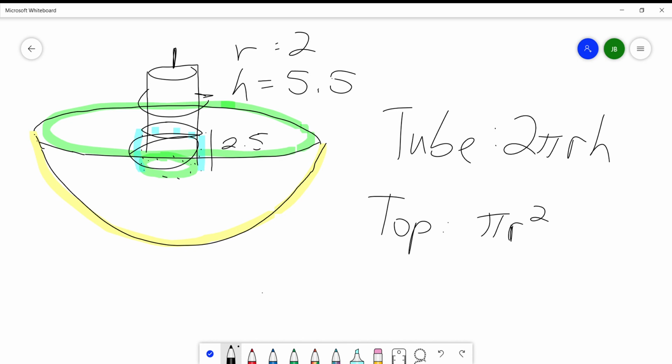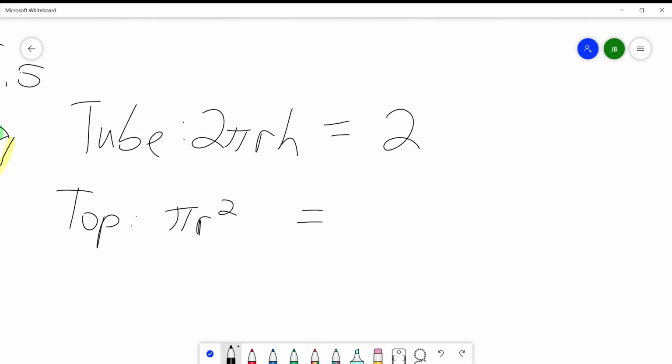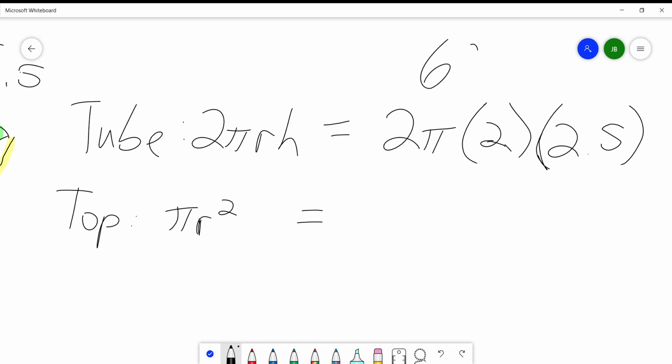Plug those in, guys. So 2 times pi times the radius, which is 2. This computer's frustrating me. Times the height, which is 2.5. Multiply that across. You're going to get an answer. It's going to look something like 69.08.